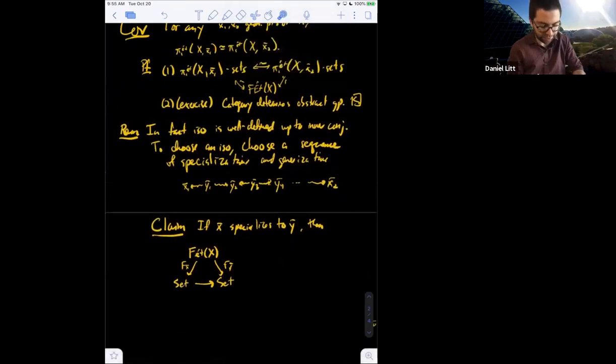Can anyone tell me, what is this map? How do I go from a fiber over x bar to a fiber over y bar? Sorry, what I really mean is there's a natural transformation like this. So how do I go from an element of the fiber over x bar to an element in the fiber over its specialization?